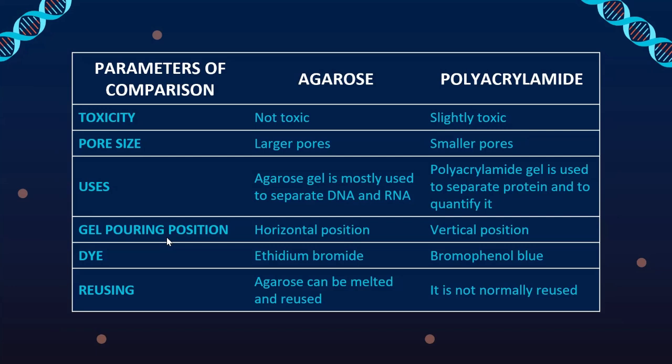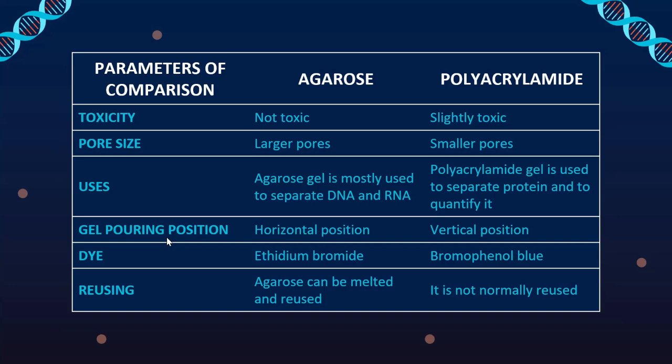And then agarose is mostly used to separate DNA and RNA, while polyacrylamide is used to separate protein and to also quantify it. And then for the pouring position, for agarose it is horizontal position, while in polyacrylamide, that is in a vertical position.